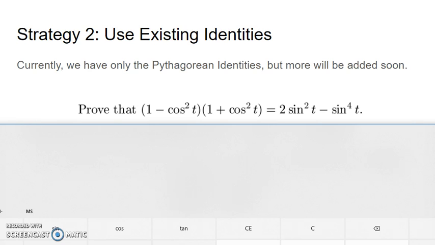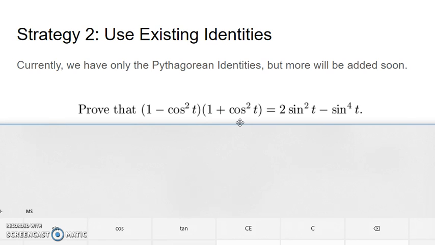And well, you may say, okay, I'm going to start with the more complicated side, which I presume to be 1 minus cosine squared times 1 plus cosine squared, and maybe you would want to multiply that out, giving you 1 minus cosine to the fourth of t, and I can't deal with that.